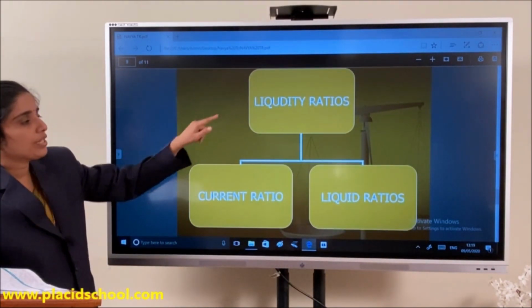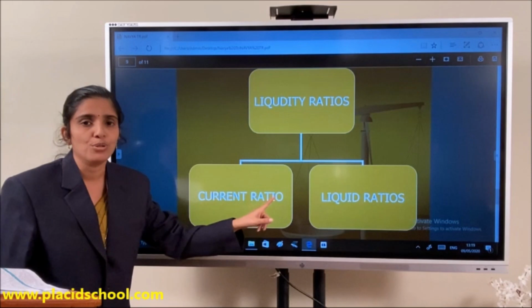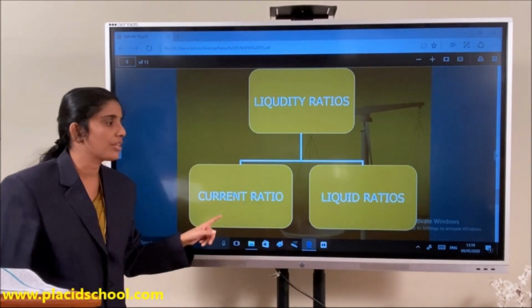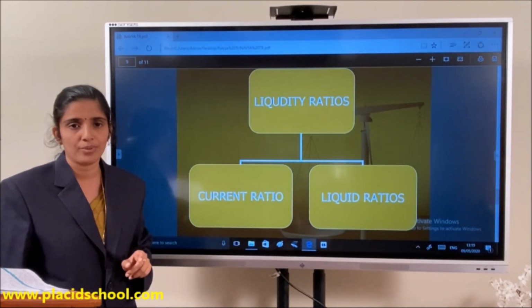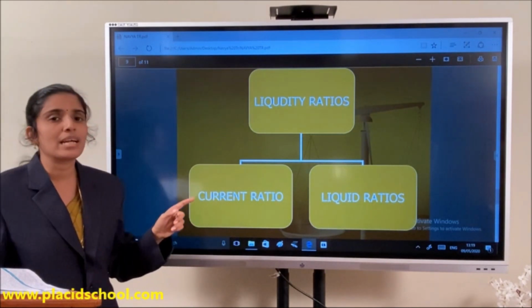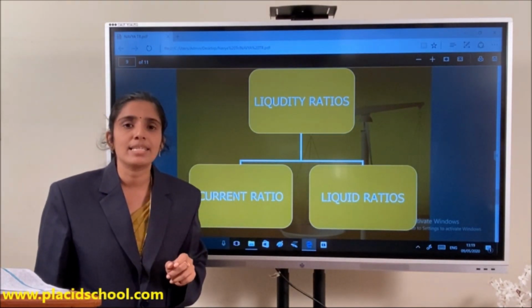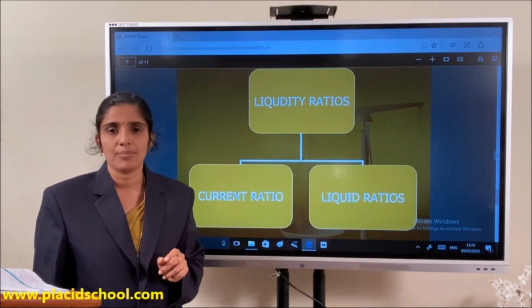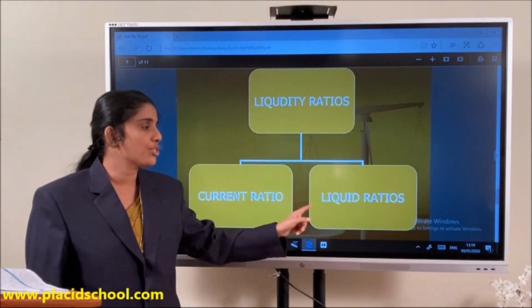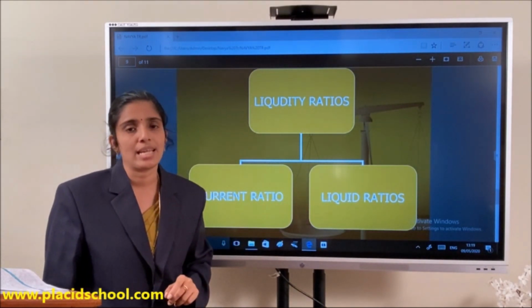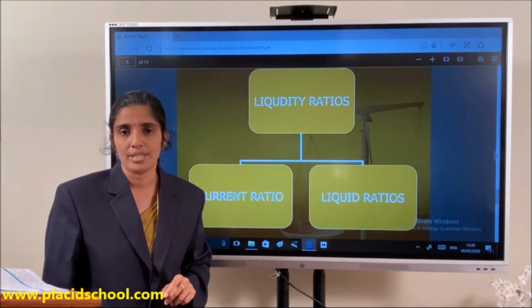Then liquidity ratios are mainly classified into two categories, that is the current ratio and the liquid ratio. The current ratio is the relationship between current assets and current liabilities. Liquid ratio is the relationship between liquid assets and current liabilities.